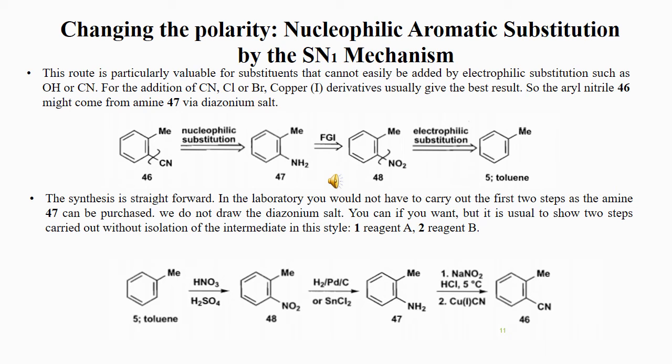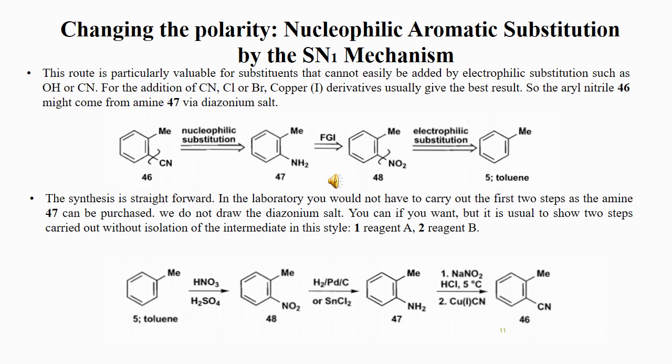Upon diazotization, this amino group is converted into the diazonium salt. The reagents used for making the diazonium salt are sodium nitrite and HCl, so nitrous acid is basically the reagent. Toluene can be nitrated to give 48.